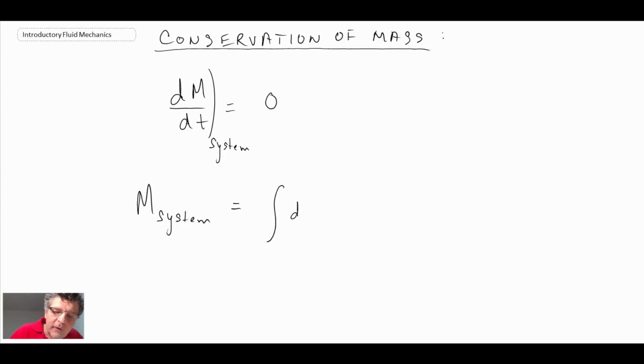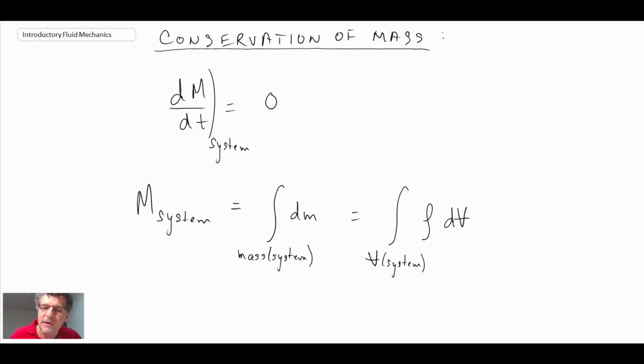We can integrate little differential elements of mass across the entire system that we're looking at, so that chunk of fluid. Or we can also do that as a volume integral, where we integrate the volume of the entire system. And if we're looking at mass, that would be rho, the density, that's mass per unit volume, multiplied by some differential element dV. So that is how we could define mass.